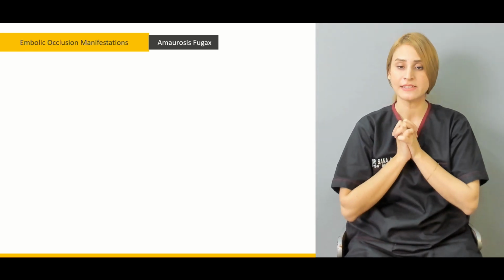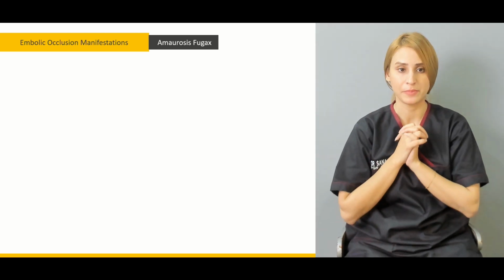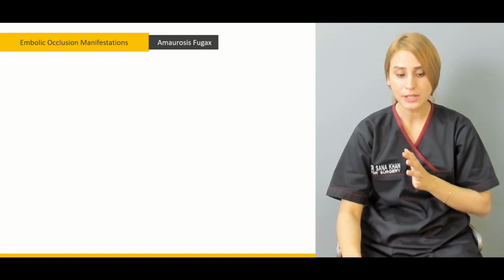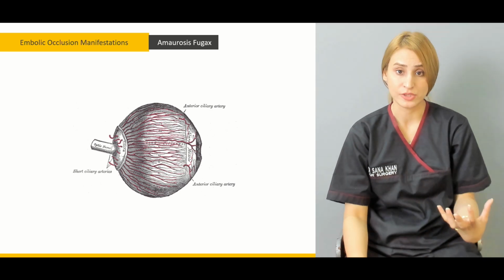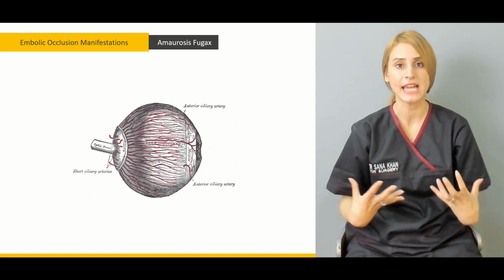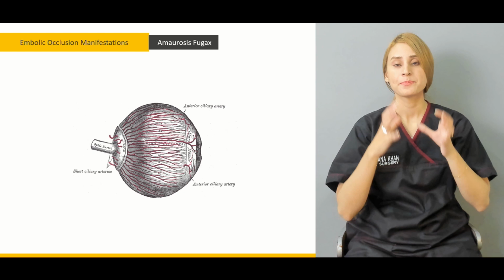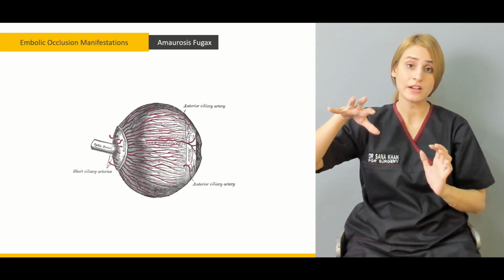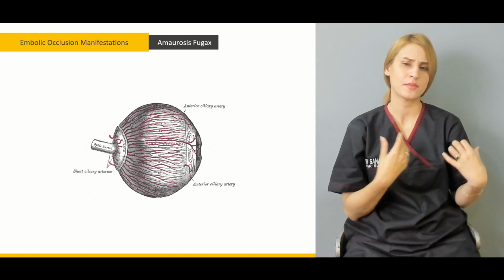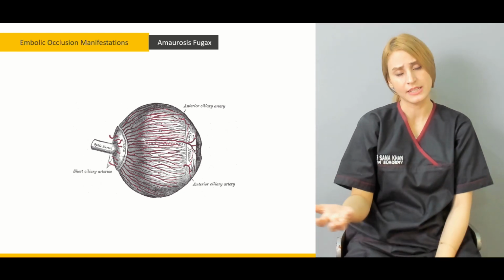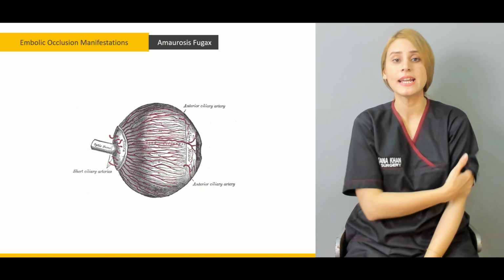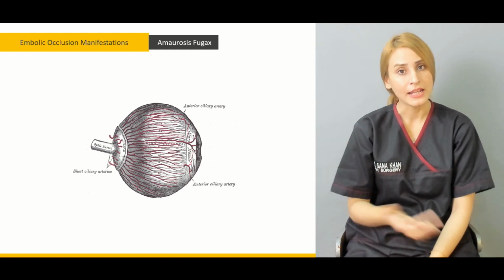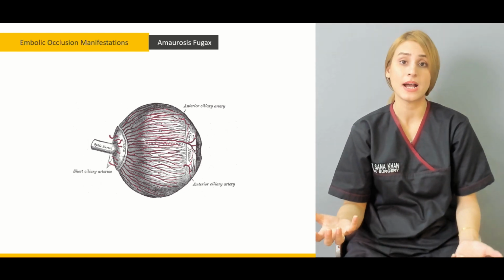These are the important things you need to ask in your history, and you need to examine the patient as well. If we talk about embolic occlusion manifestations, amaurosis fugax is one: the embolus gets dislodged from the parent site, maybe somewhere in the left atrium, maybe a valve vegetation, or a mural thrombus in the left ventricle.